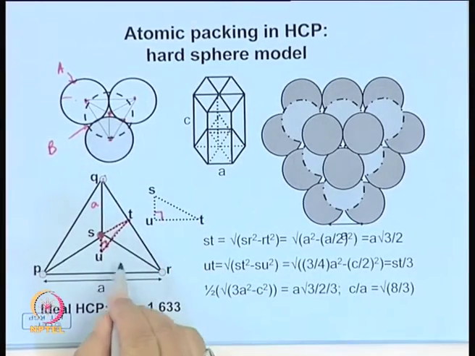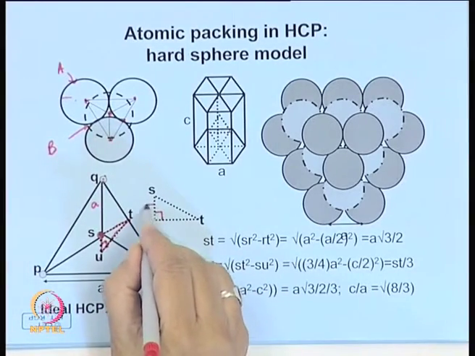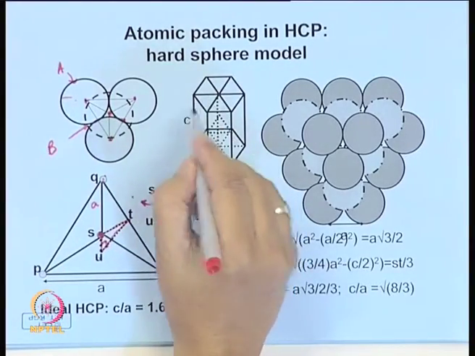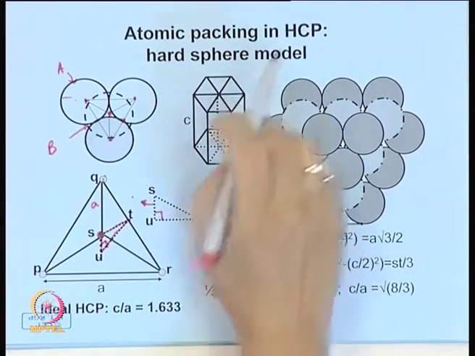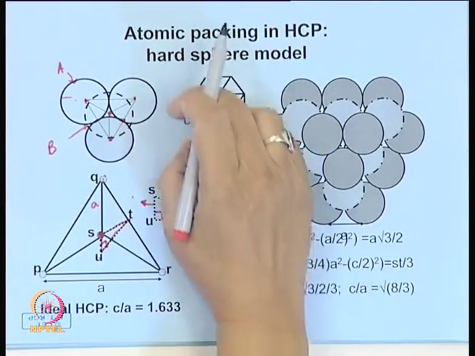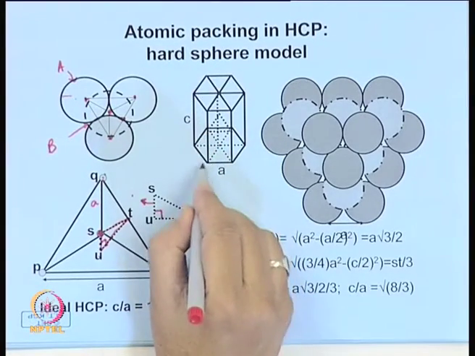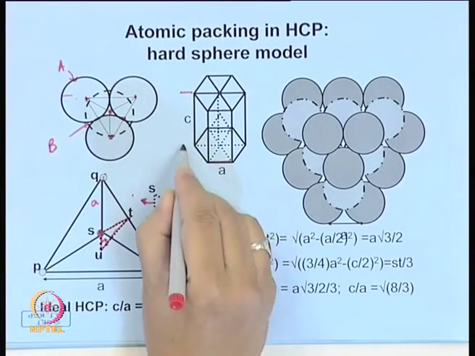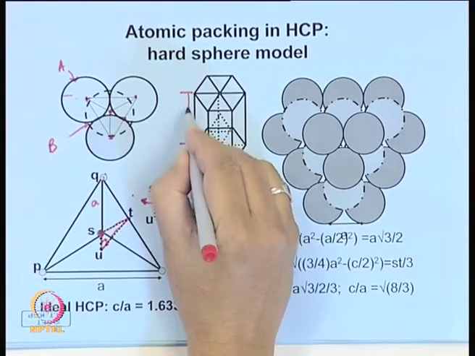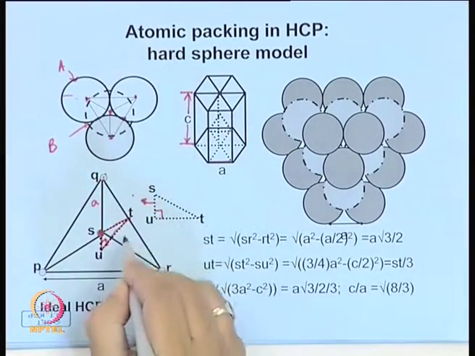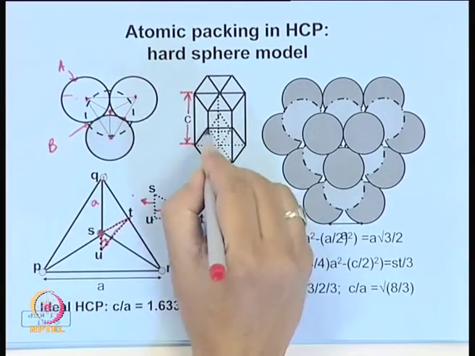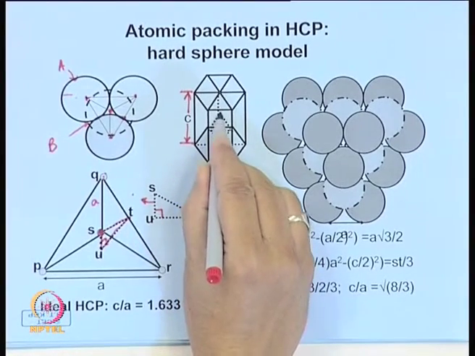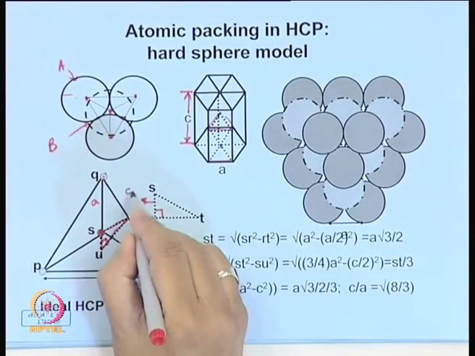Now, what is this distance? We say that in hexagonal close packed structure, the c axis is different from the a parameter. This is a, and in hexagonal close packed structure, the height of this unit cell is called c. So, this SU represents the distance between this plane and this central plane. Therefore, this is c over 2.